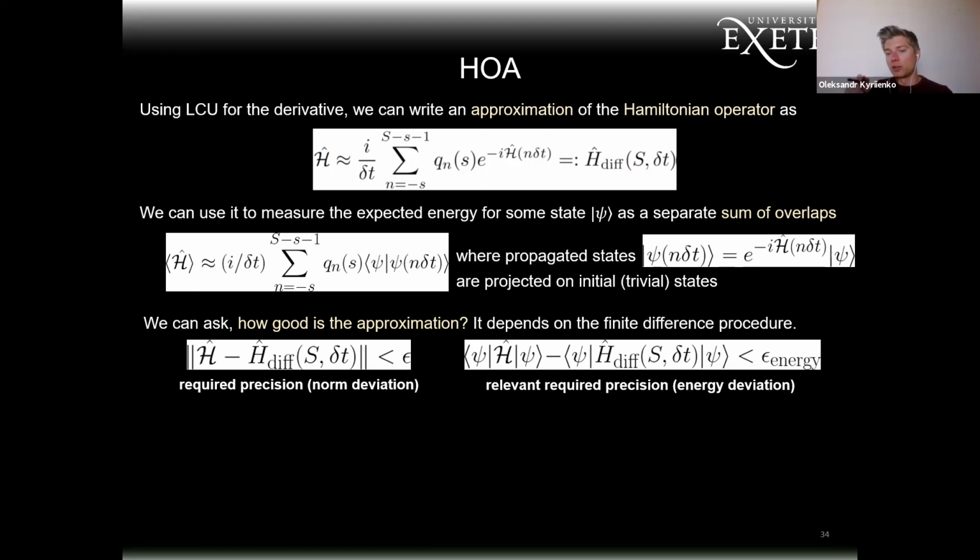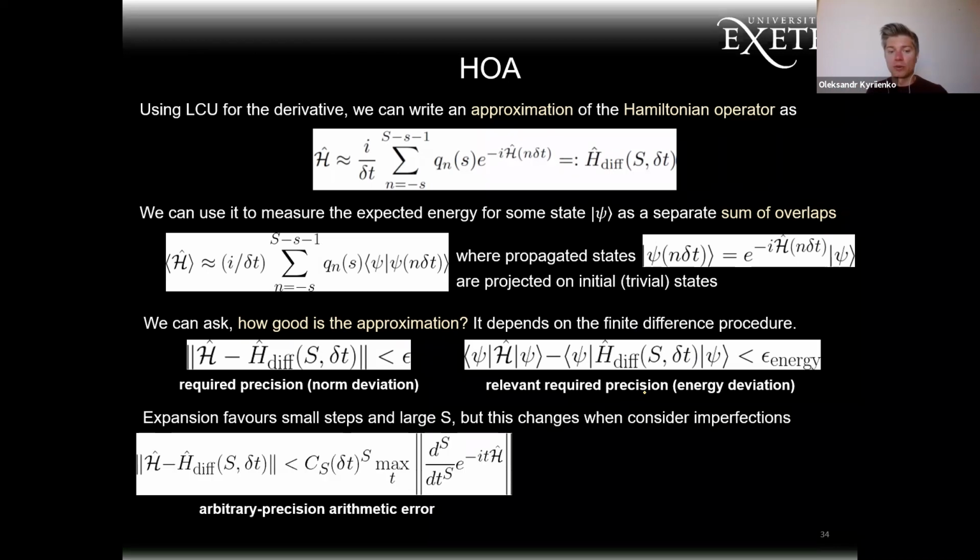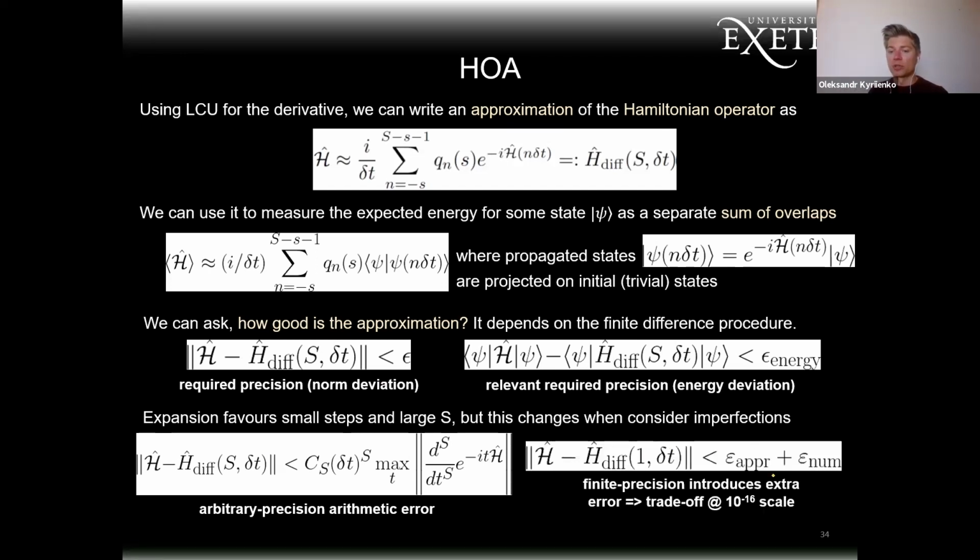You need to study it locally. But the precision will also depend on arithmetic error. As you bring 2 points close together and divide by this small delta t, you will amplify the numerical errors. In classical computing, this is a known error. There is an approximation error, but the numerical error will be at the 10 to the minus 16 scale. It's really small, but it appears and we see it in the plots.